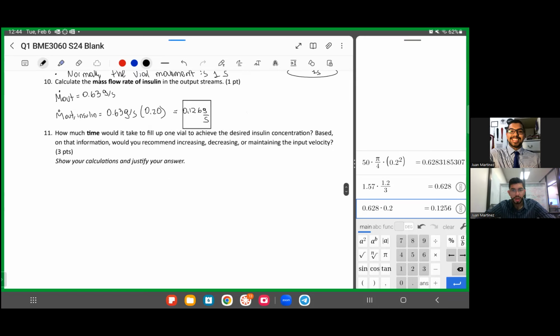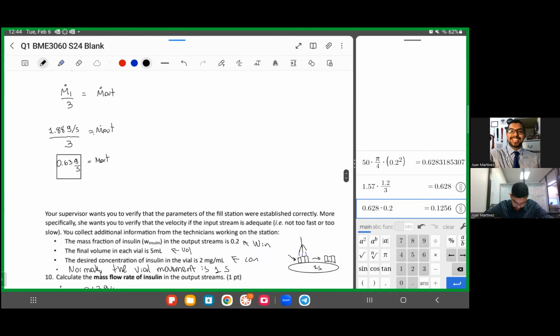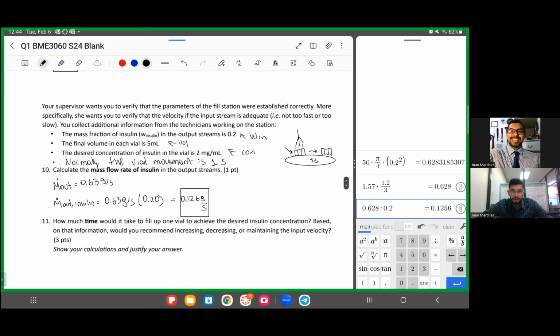So what do we know? We know that the mass of insulin in that vial is going to be the concentration that we have, which I think is 2 milligrams per milliliter, times the volume.